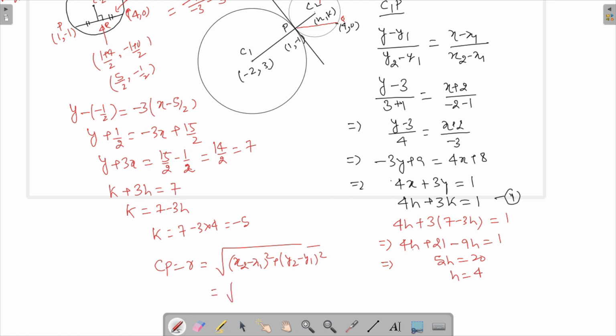So x2 minus x1 is 4 minus 1, whole squared, plus y2 minus y1, which is -5 plus 1, whole squared. So what I get is 3 squared plus 4 squared, which is 16 plus 9, 25, so 5. So 5 is going to be the radius of this circle.